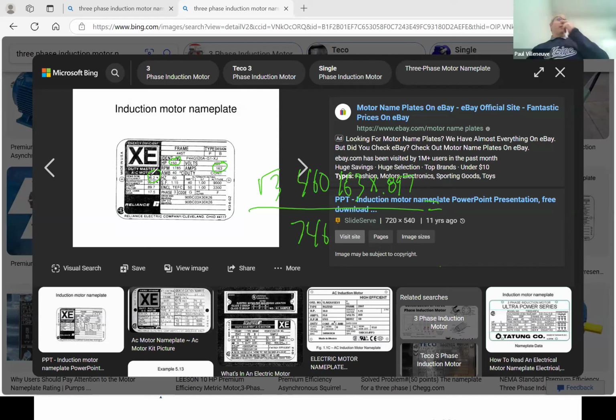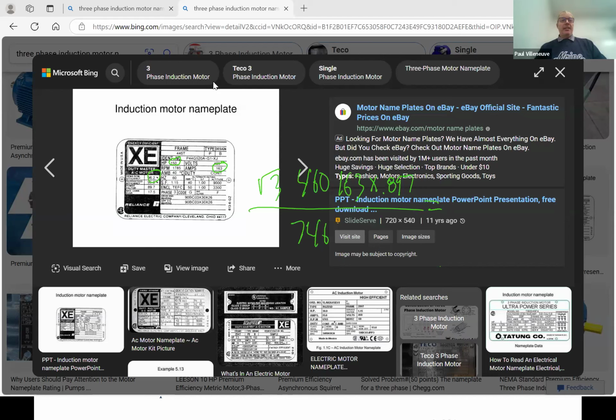Doesn't sound like a lot of money, but if the machine runs 24/7, 365, that's 75 cents times 24 times 365. It starts to cost a lot of money. So you can't look at these as, oh, it's only 75 cents, it's no big deal. No, these motors run for long periods of time, so it does oftentimes make sense to go with a premium efficiency motor if you can.